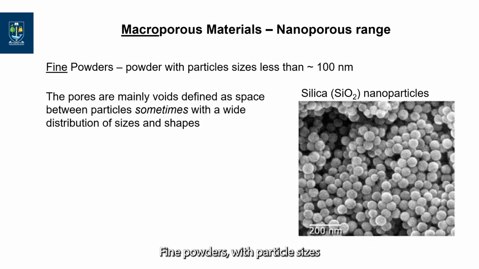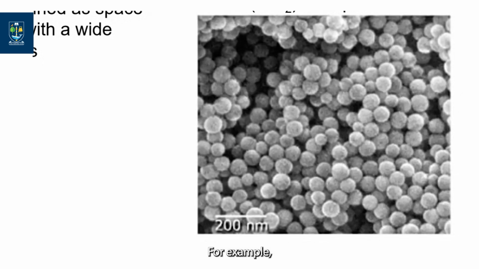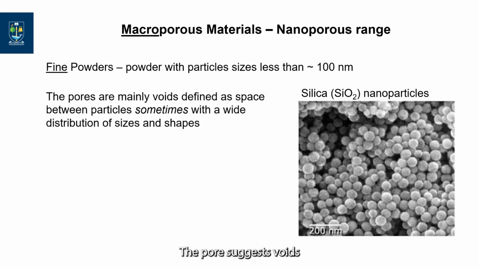Fine powders with particle sizes below 100 nanometers will eventually form pores below 100 nanometers. For example, the electron microscopy image of silicon nanoparticles shown here is an excellent representation of a macroporous material formed by nanoparticles. The pores are just voids between the particles.